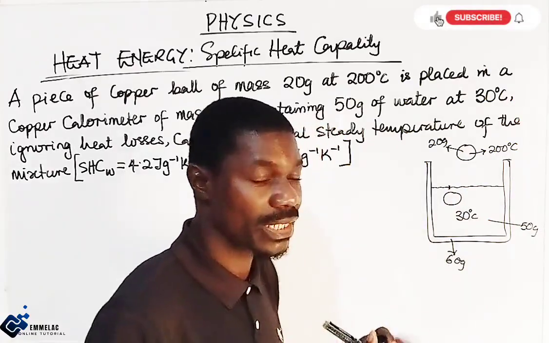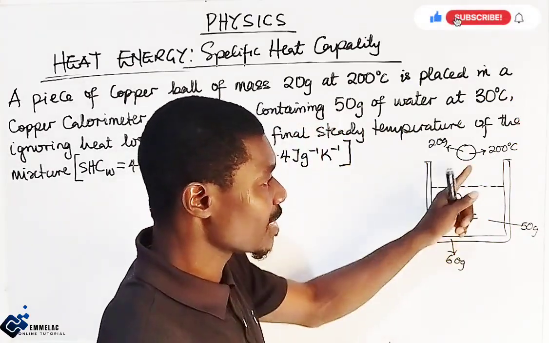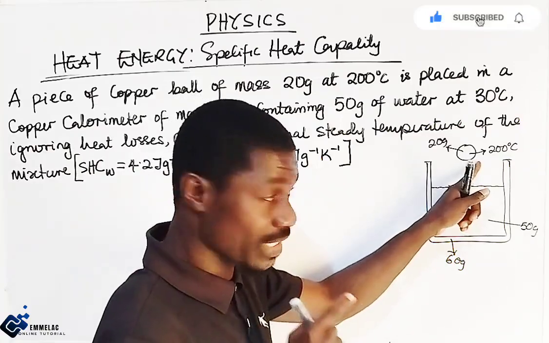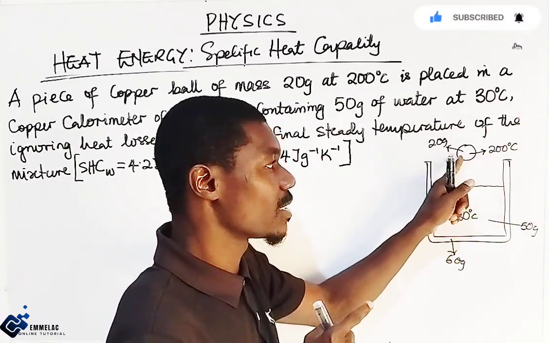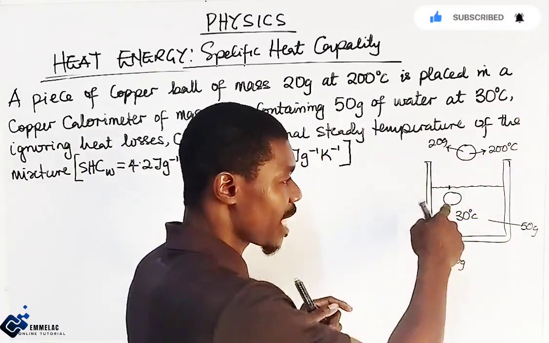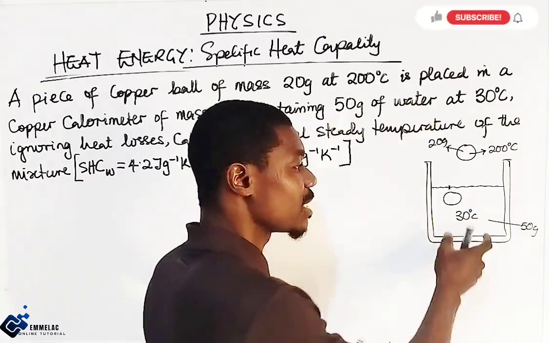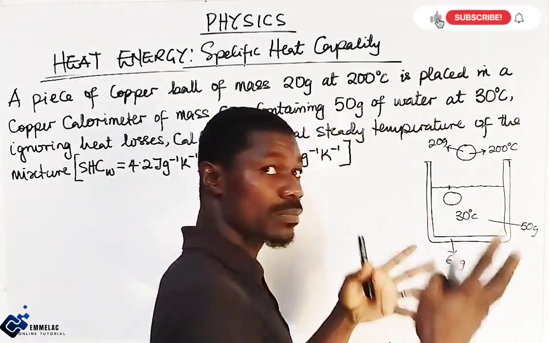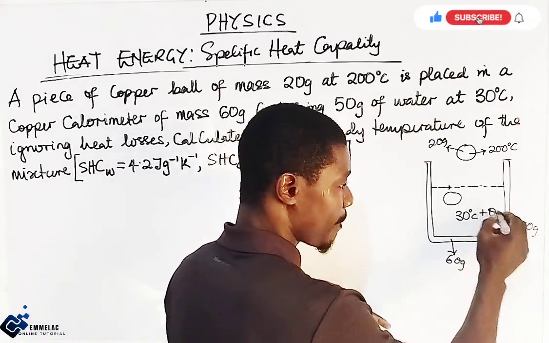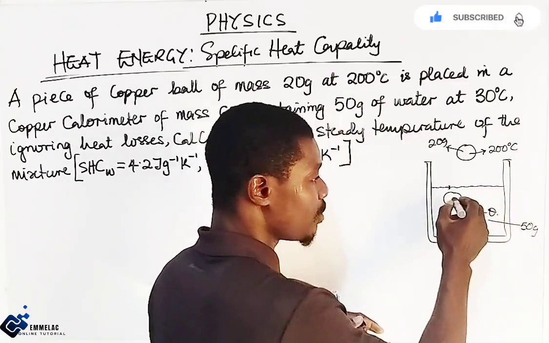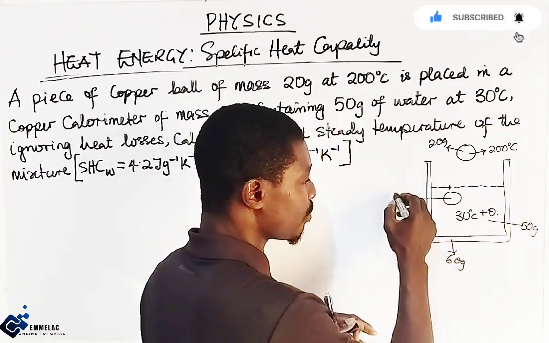What happens here is there is a loss of heat by the ball, and as it enters, the temperature here will increase, and there will be a reduction of temperature here.